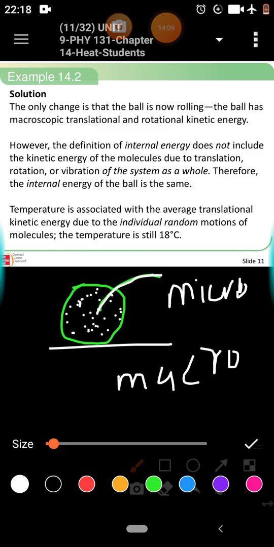That's why it doesn't matter whether the ball is rolling or moving in whichever way. That's why there is no contribution due to the macroscopic translational and rotational energies. So the temperature is the same.